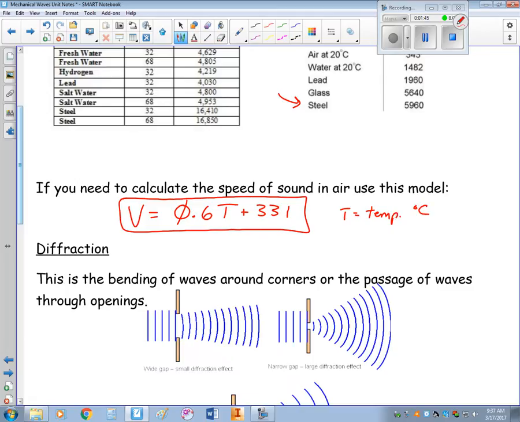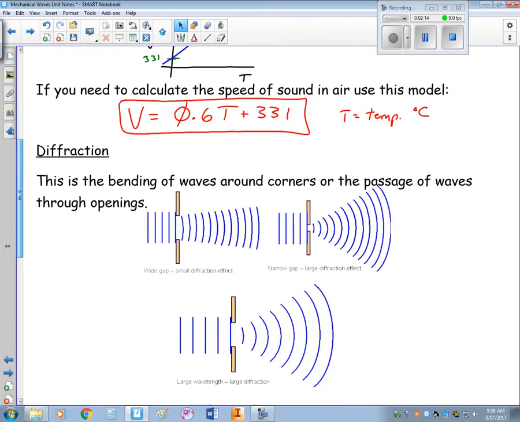If I were to construct a graph of T versus V, I would see something like that. So it gives us a way of calculating the speed of sound, and it's an approximation, but it's a pretty good approximation.